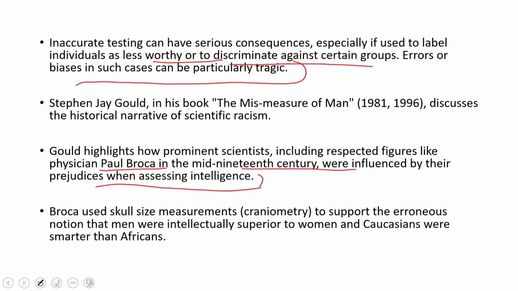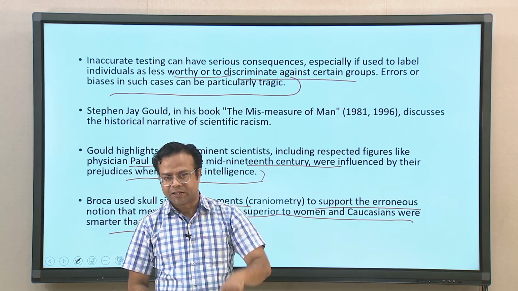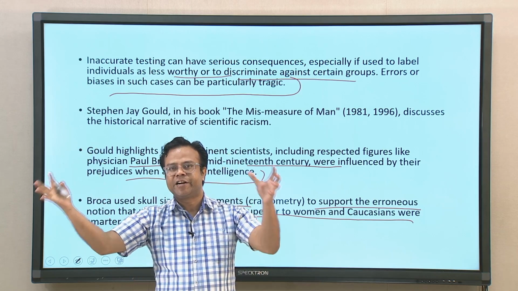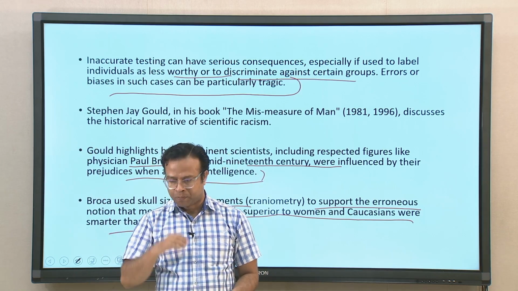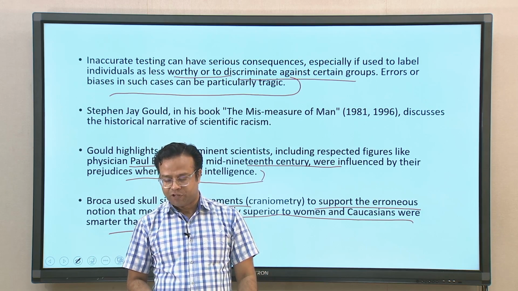Broca used skull size as a measurement to support the erroneous notion that men were intellectually superior to women and Caucasians were smarter than Africans. This was his prejudice, which he found validation for using erroneous ideas like measuring skull size as an indicator of intelligence. So, even scientists were influenced by these biases.